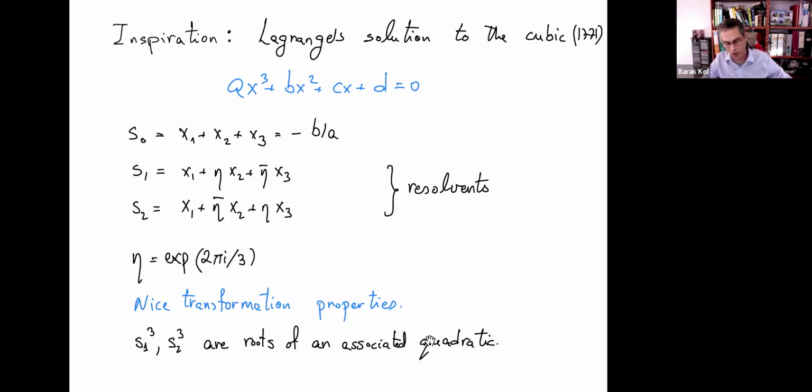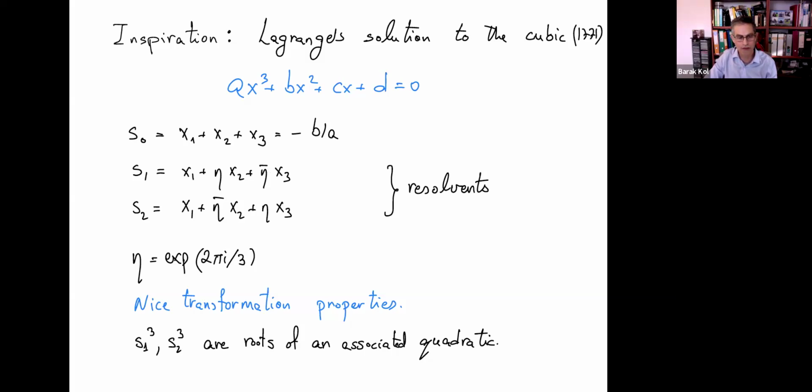The coefficients of this quadratic equation are functions of the coefficients. So he can solve for S1 cubed and S2 cubed, then take the cubic root and arrive at S1 and S2, and once he has all three S's, he can, by linear transformation, find the roots, the x's. The important point is this transformation, S1 and S2 being equal to this. They are called Lagrange resolvents.